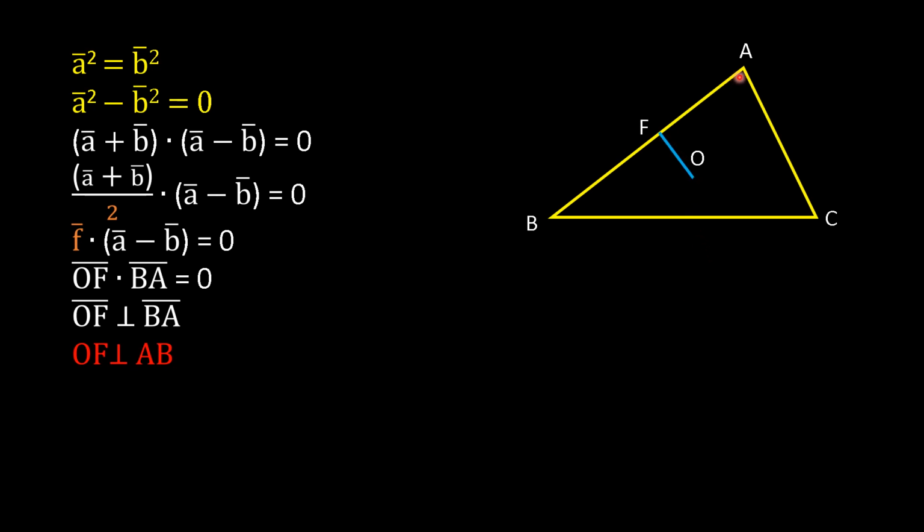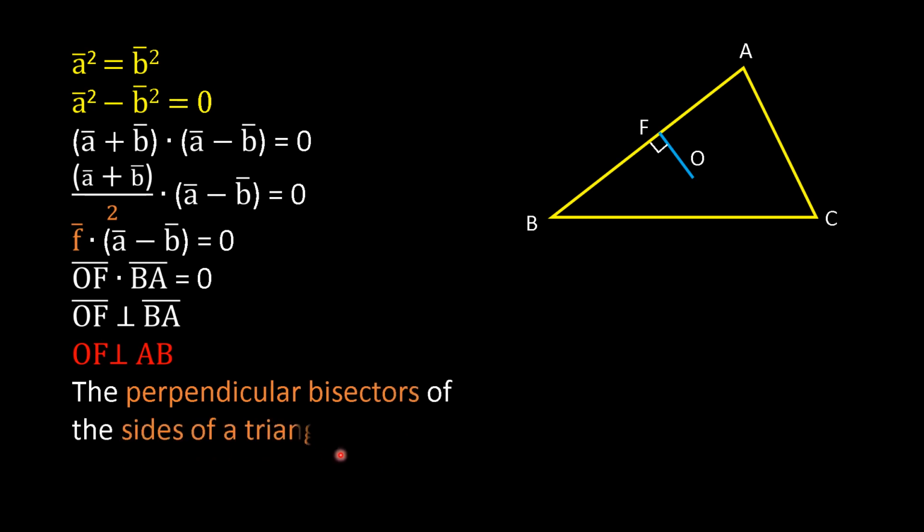OF is perpendicular AB, which proves the statement that the perpendicular bisectors of the sides of a triangle are concurrent. So, perpendicular bisector DO, perpendicular bisector EO, and perpendicular bisector FO are concurrent. They pass through the same point known as circumcenter.